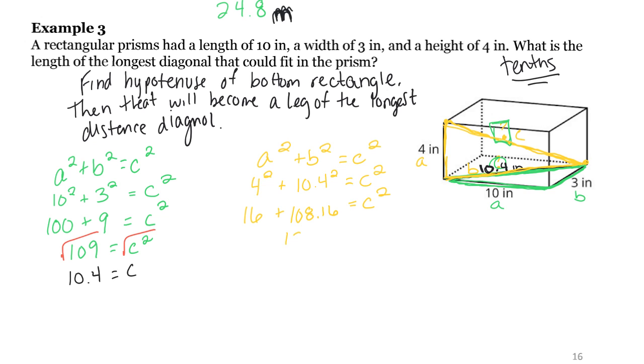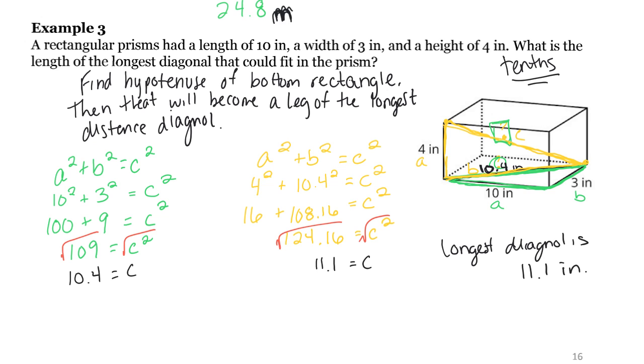So what is 16 plus 108.16? That gives us 124.16. And then we find the square root, and we get C equals 11.1. So the actual longest diagonal is 11.1 inches.